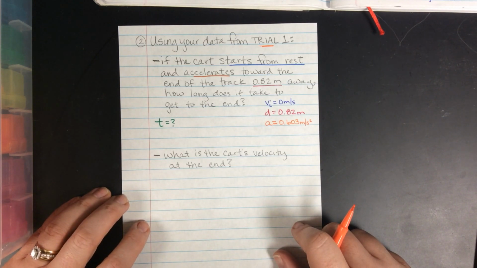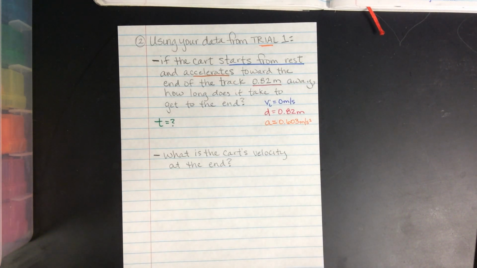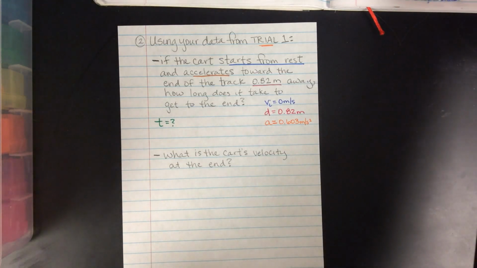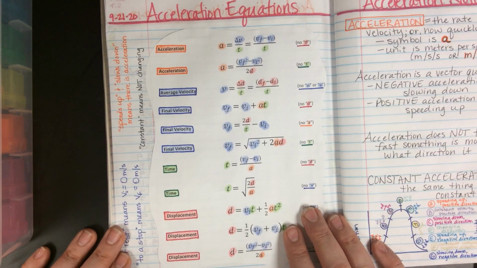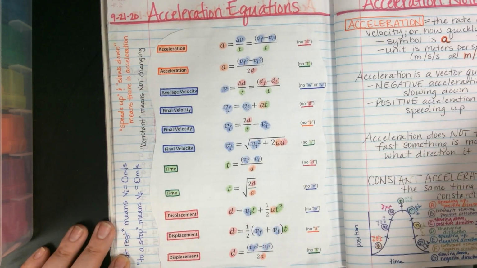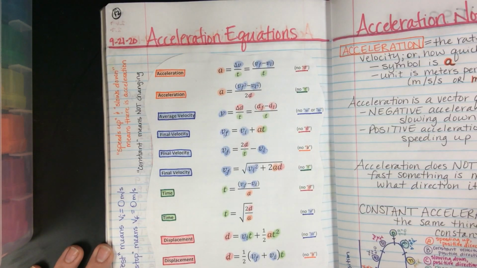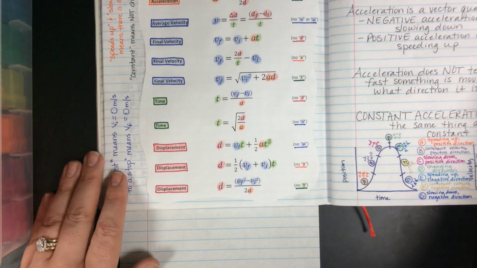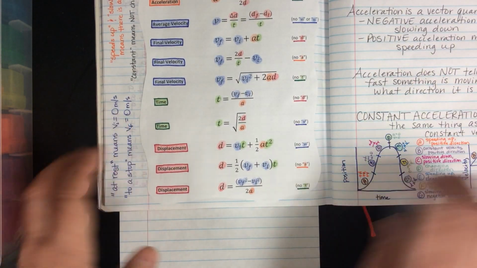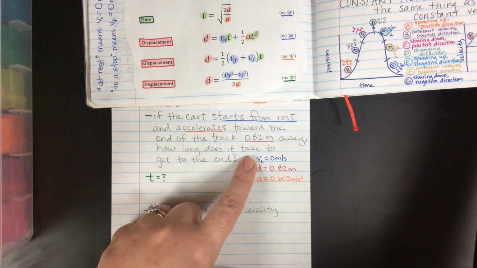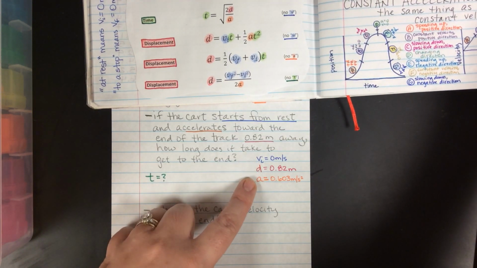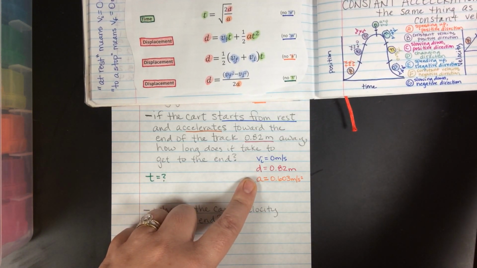Yours will be different. So you've got 3 givens and an unknown. You're going to go back to your journal, your acceleration equations. It's on page 12. And you're going to find an equation for time that you can use, VI, D, and A.